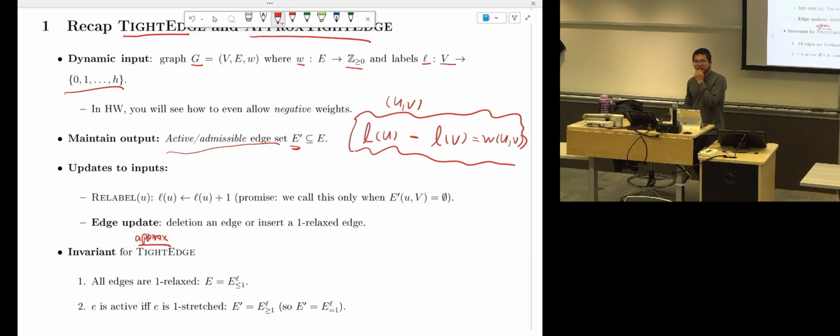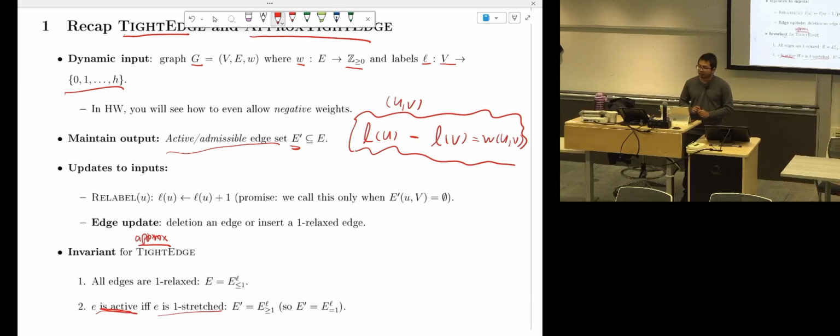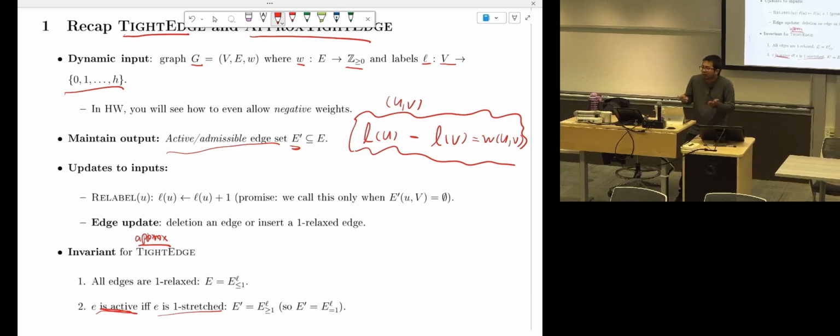For active edges, it might not be if and only if it's 1-stretched, but it should be basically 1-stretched.